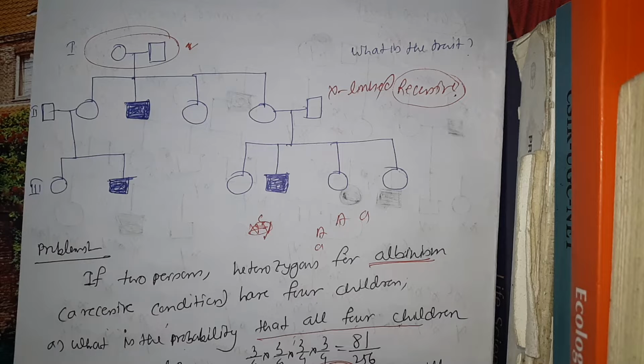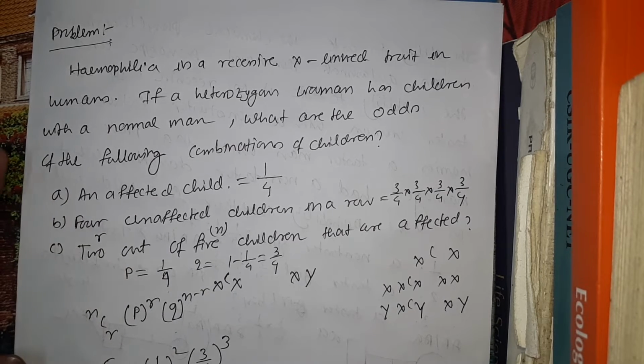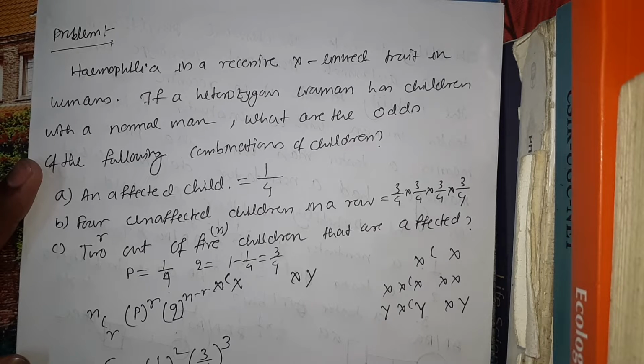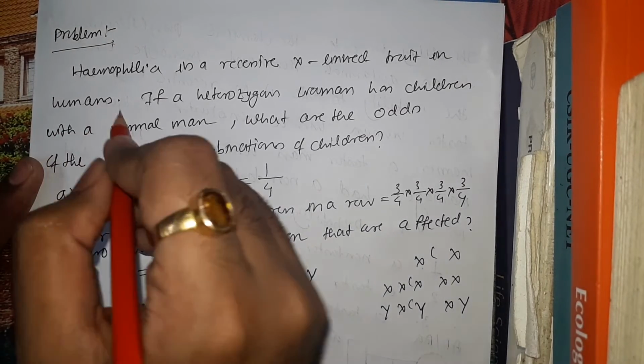Now we are going to talk about some pedigree probability problems. Let's read the question carefully first, because it is the main thing when you touch any mathematical problem, not only pedigree but every biological mathematical problem. You first need to read the question properly and thoroughly. So let's begin.